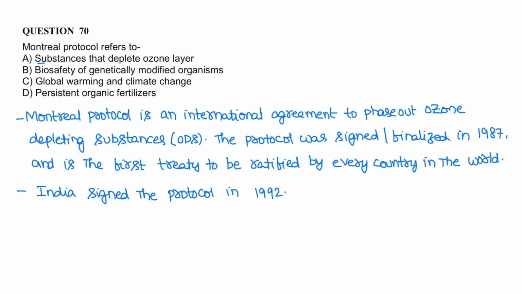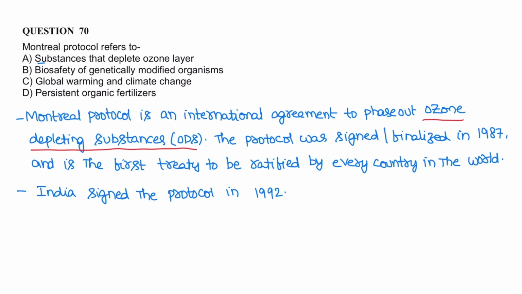Montreal Protocol refers to. This Montreal Protocol is an international agreement to phase out ozone depleting substances, that is ODS. This protocol was signed in 1987 and it is the first treaty to be ratified by every country in the world. India signed this protocol in 1992.